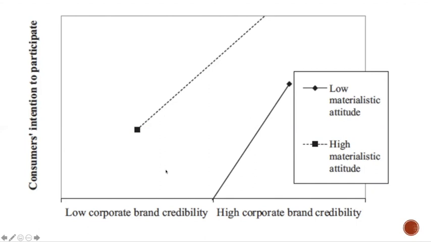It means that one level of brand credibility has more impact on consumer intention to participate, while the slope tends to be horizontal compared to that one. We can say that the impact of brand credibility makes less contribution to increasing consumer intention to participate.